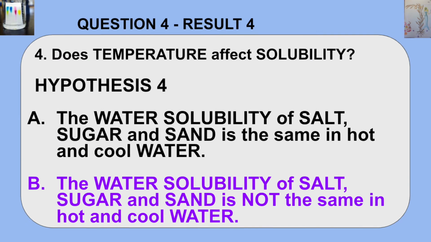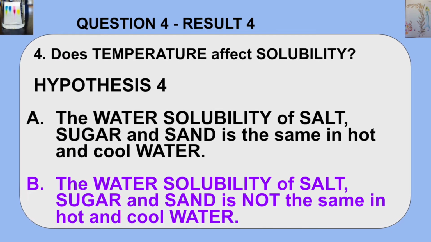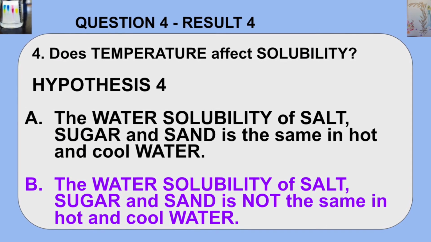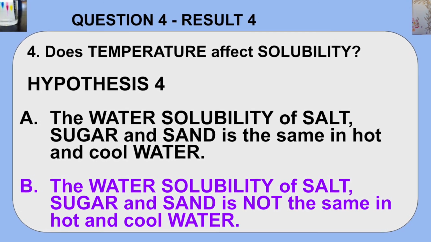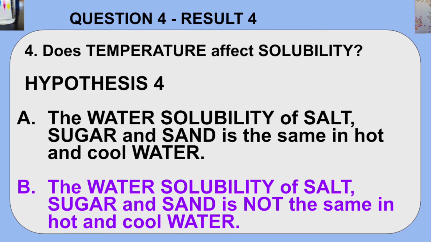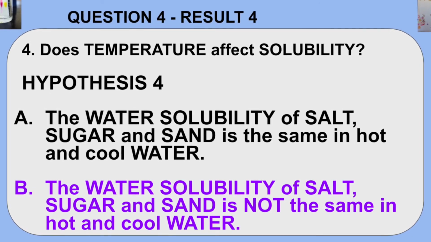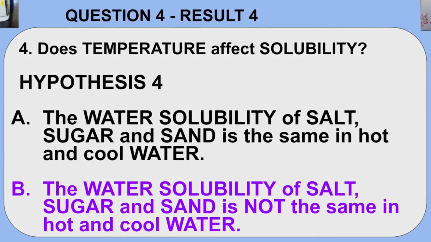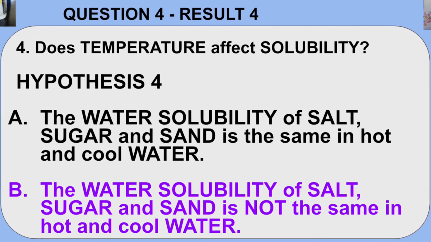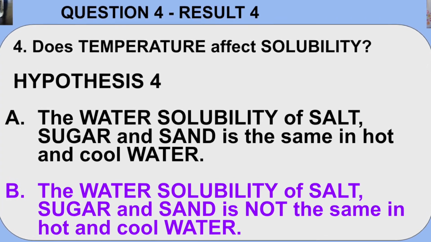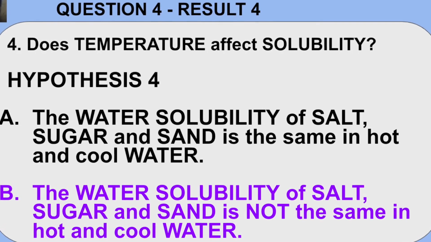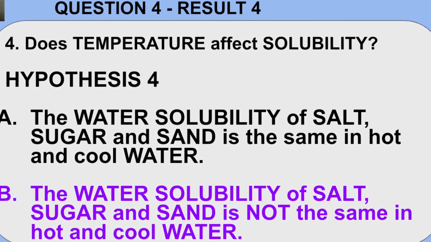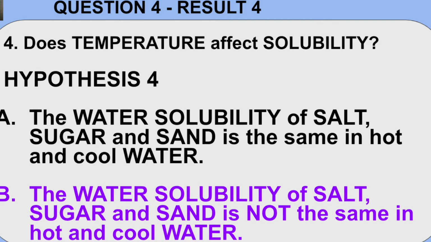For our last question, we didn't test whether sand would dissolve in hot water, but we know from experience that it doesn't. We found that salt does not change solubility when the water is heated, but sugar definitely increases solubility when the water is warmed.